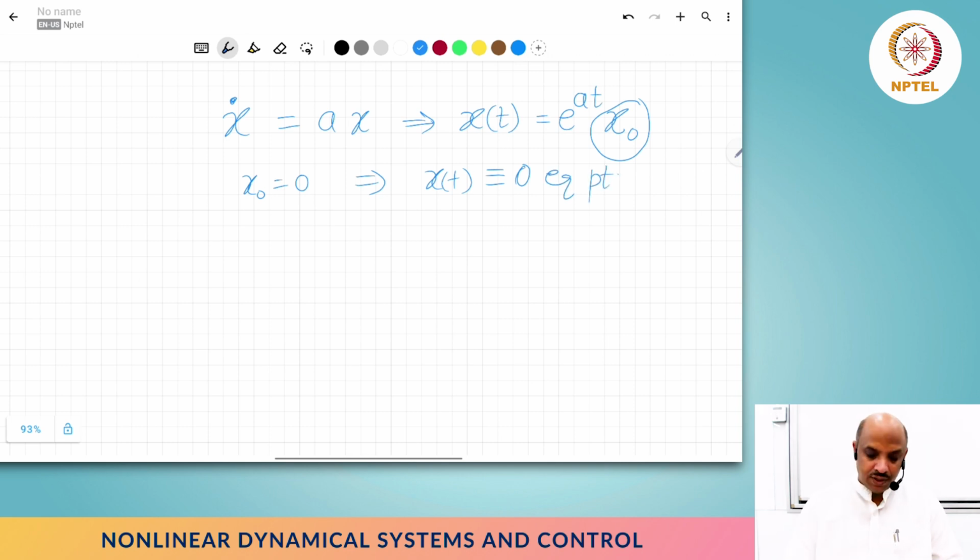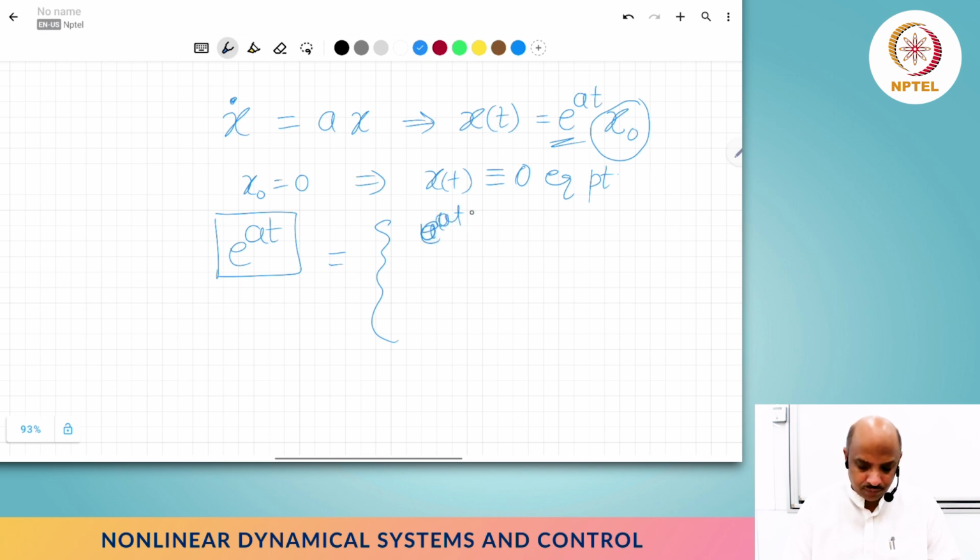Anywhere else, the function that is going to determine what's going to happen to this system is basically e raised to at, right? Now let's see what we know about e raised to at. If a is positive, then e raised to at goes unbounded.